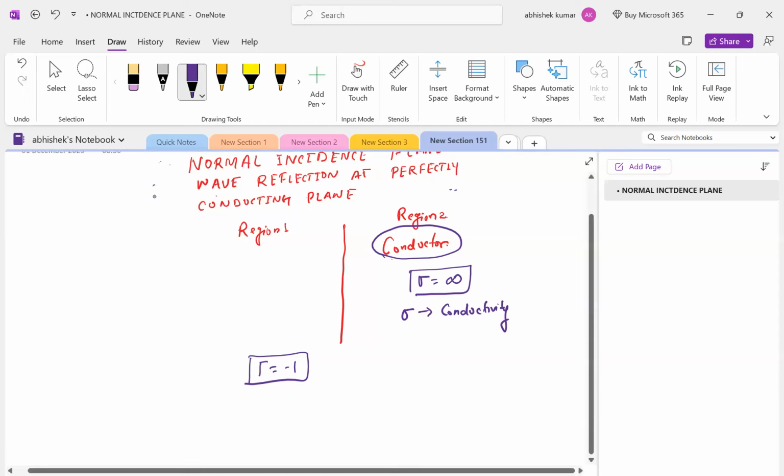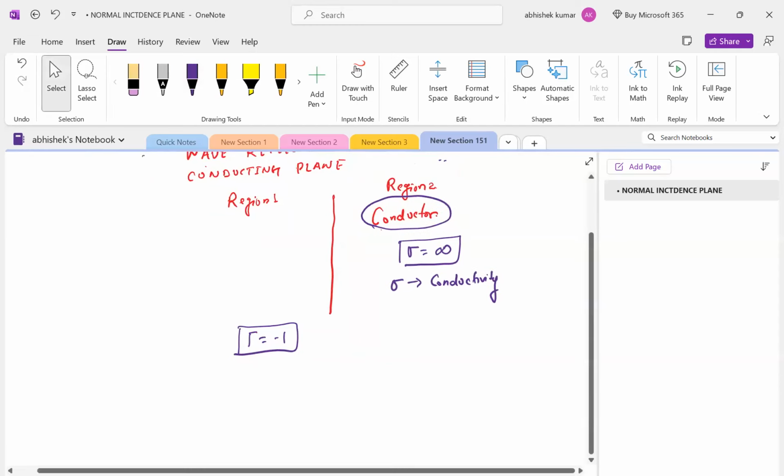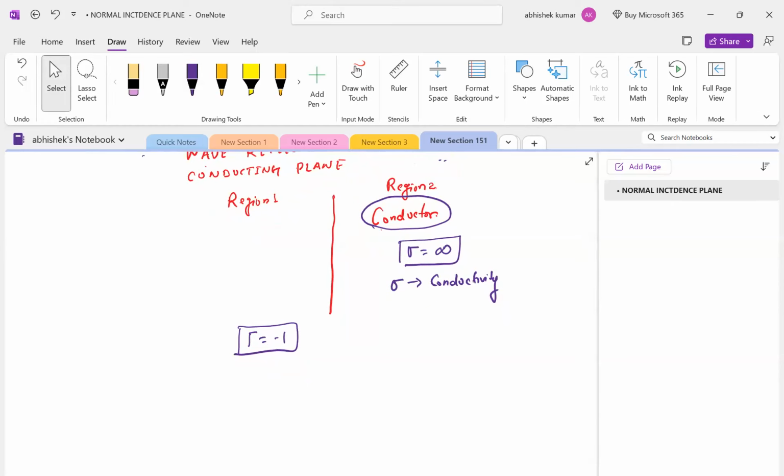So we can straightforwardly say that our reflection coefficient is -1, because whatever is incident is totally getting reflected back. So the reflection coefficient is -1, then the transmission coefficient is 0, because nothing will get passed to the conductor. Any doubt till now? No doubt.